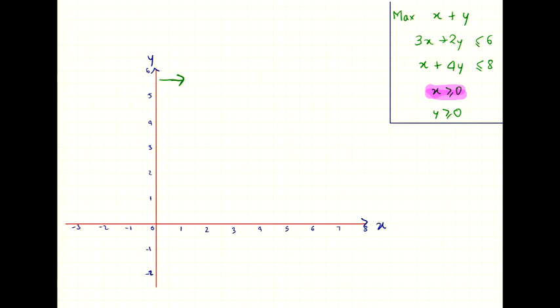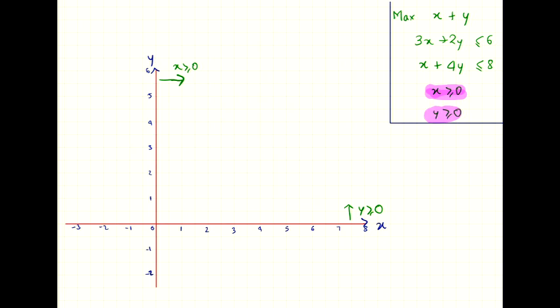This is x greater than 0. And similarly, y greater than 0 says the point is above the x-axis. So these two constraints are done.